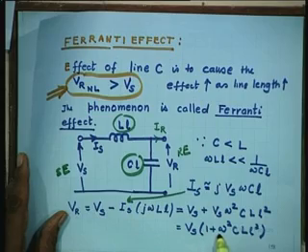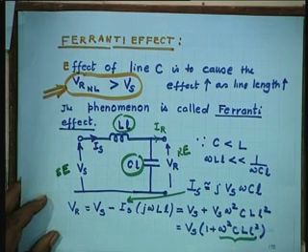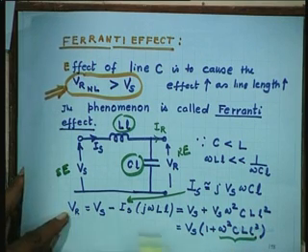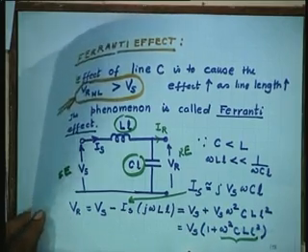Now, still it is not clear whether this is a positive quantity, unless you show that this is more than 0. How do you say VR is more than VS? In order to do that, all of you know that c l is nothing but 1 upon velocity squared. What is velocity? v is equal to 1 upon under root lc.